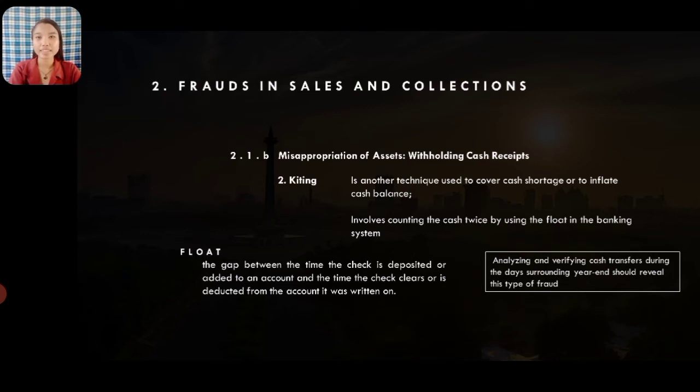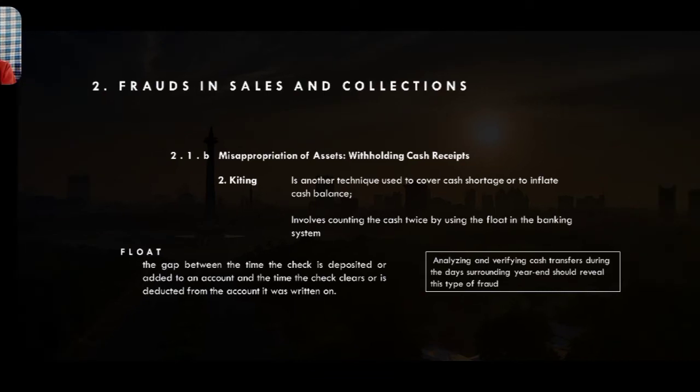That means floating funds between bank accounts just to inflate the cash balance is known as kiting, and the action done by the account owner is known as kiting. Analyzing and verifying cash transfers during the days surrounding year-end should reveal this type of fraud.